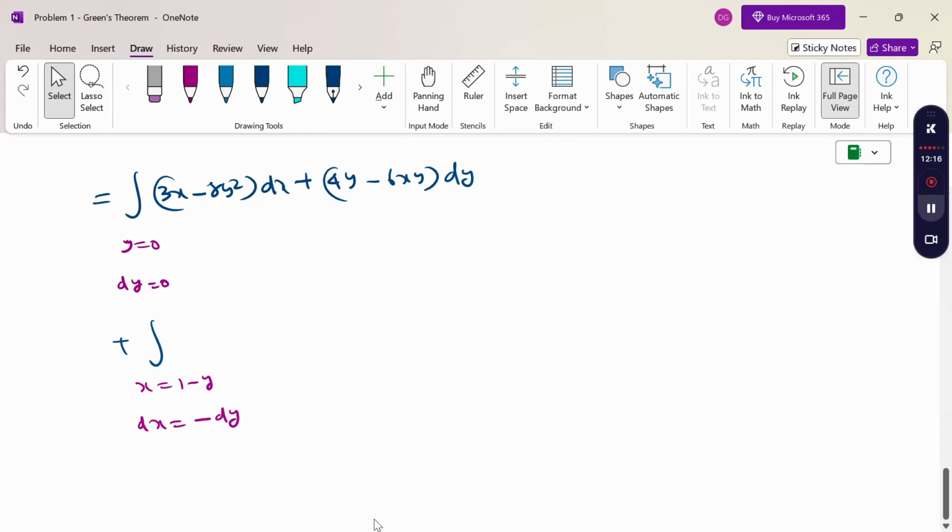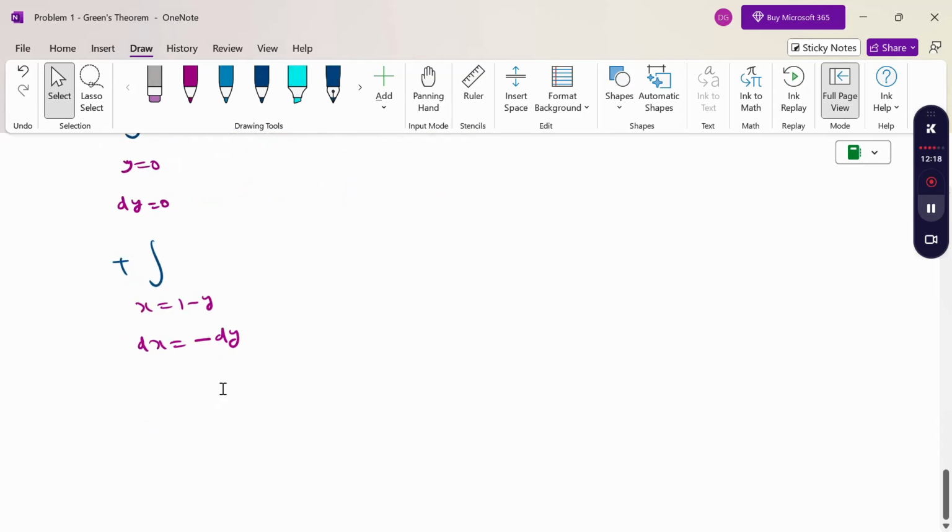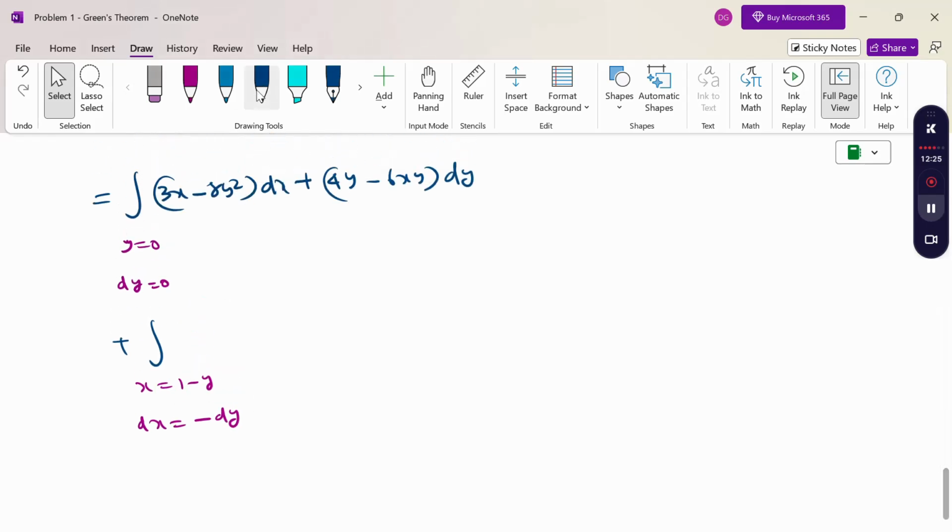Or if you want to change, from x + y = 1, y = 1 - x and dy = -dx, whatever the form, because of this line equation x + y = 1. We can change all variables in terms of x, or change every term in terms of y also, because it is a single line, single variable.